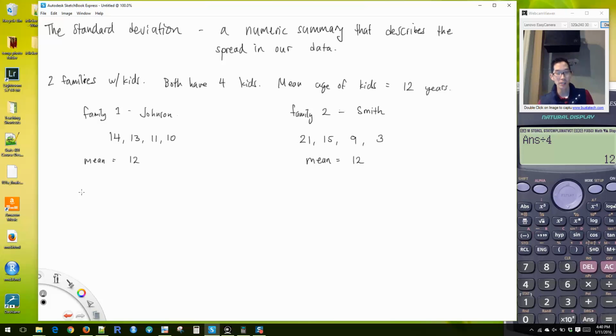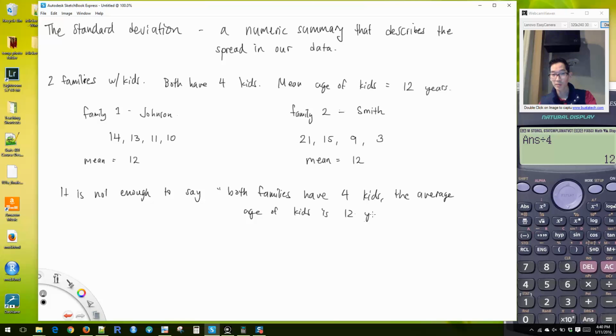All right, so it is not enough to say both families have 4 kids, and the average age of kids is 12 years old.